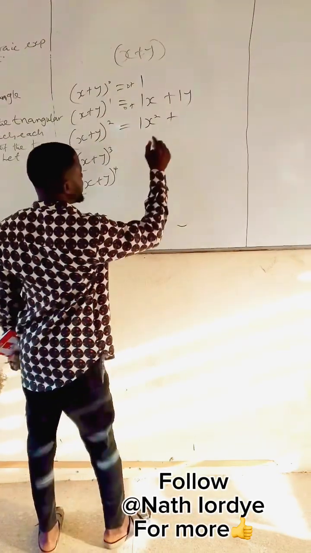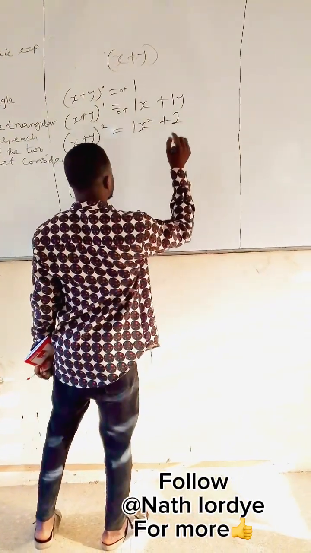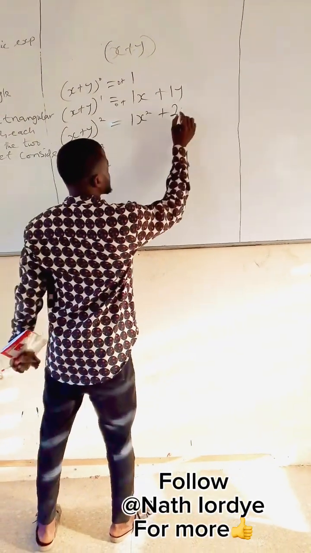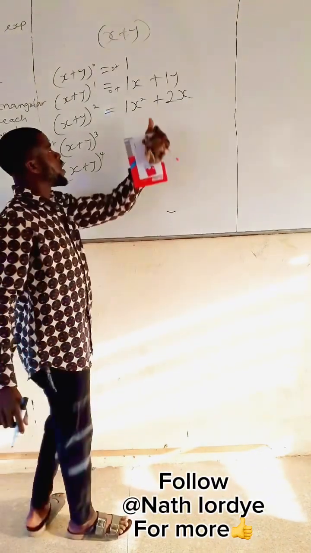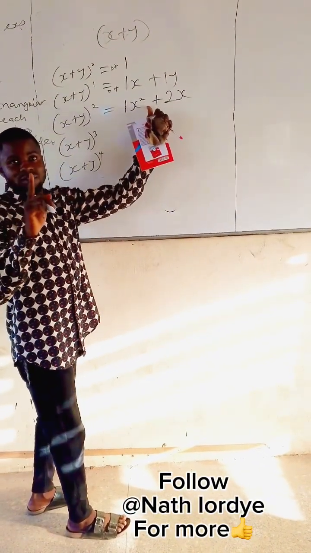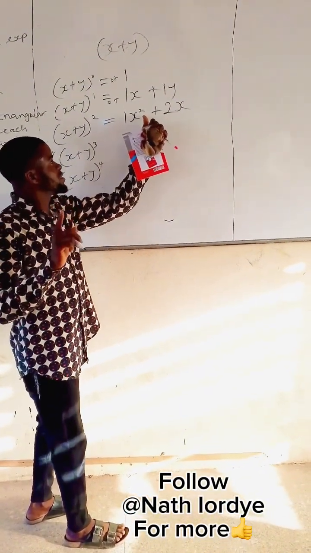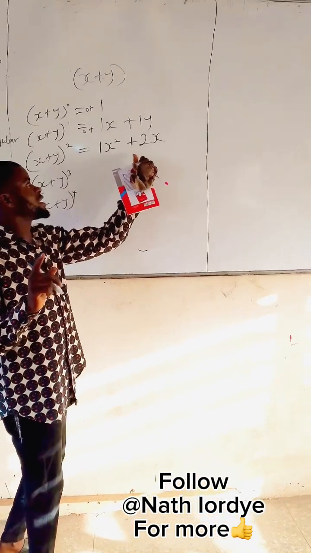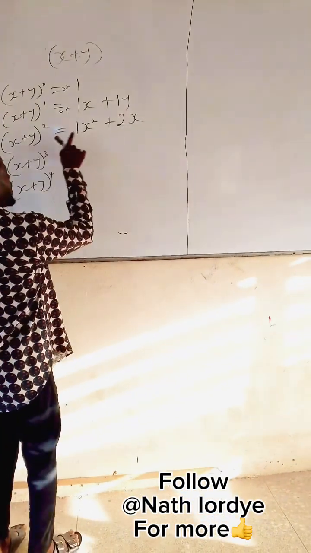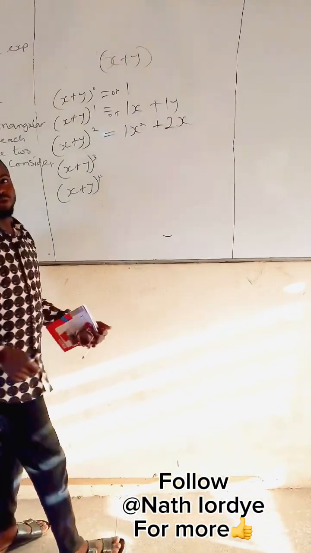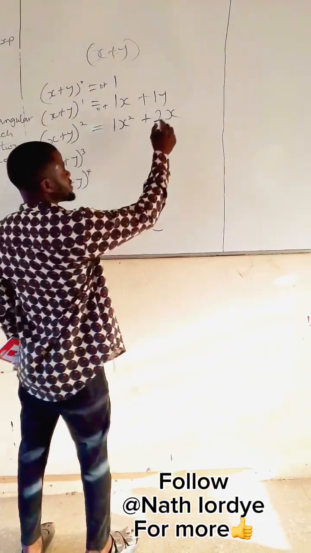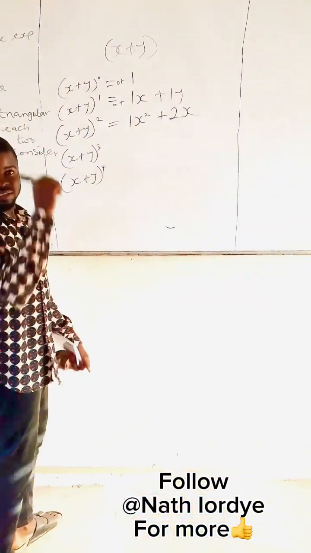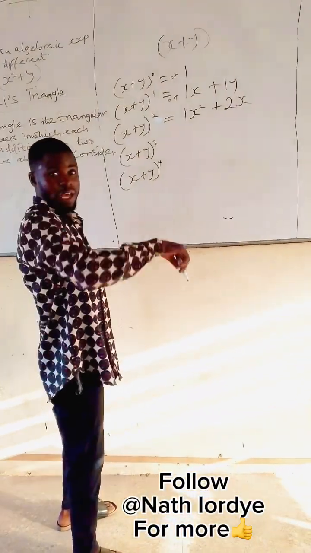So 1 plus 1 is 2, so 2x. Now x was raised to the power of 2. Remember our rule: in the next term, x is raised to the power of 1. There's a decrease. This is the order you should follow.